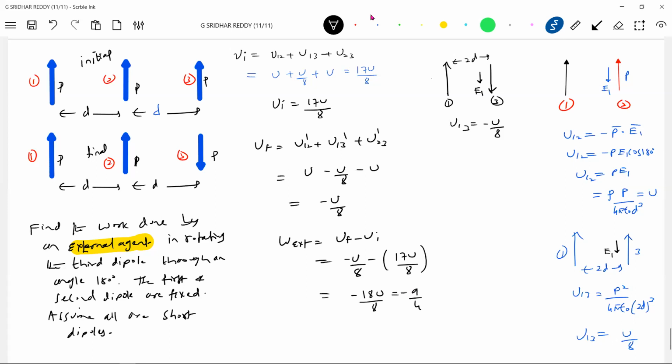What is the value of U? P square by 4 pi epsilon naught D cube. So the work done is minus 9 P square by 16 pi epsilon naught D cube. Okay, this is the work done by the external agent.